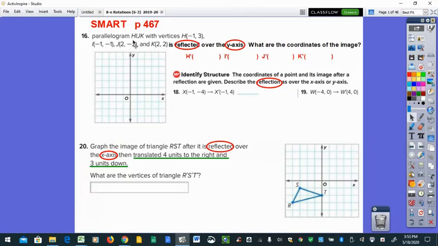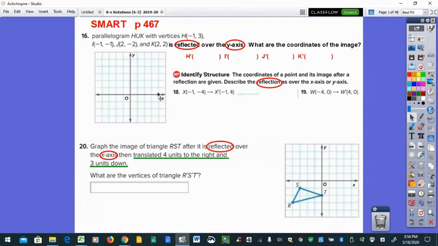We're going to take a parallelogram, which is a four-sided figure where opposite sides are parallel. It's not necessarily a rectangle or a square because the angles might not be 90 degrees. We'll see on this one. 4 points. This is our pre-image, and we're going to reflect it over the y-axis. Notice I'm using my reading strategy and circling those.